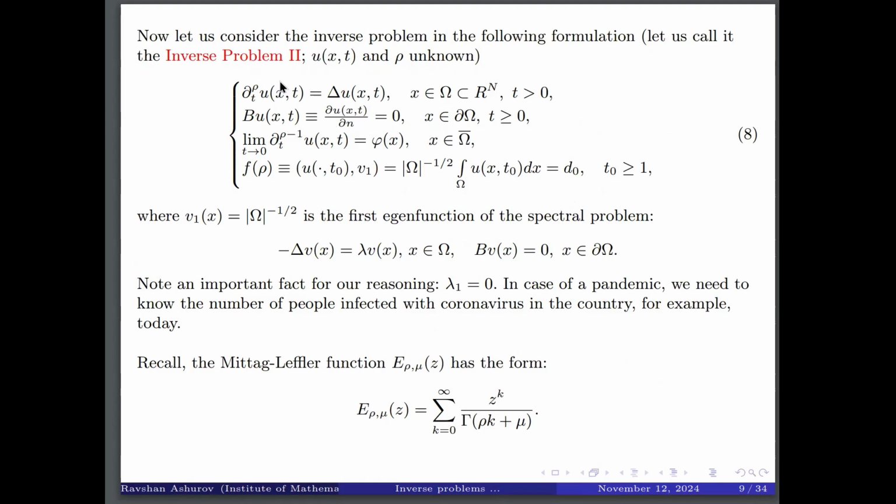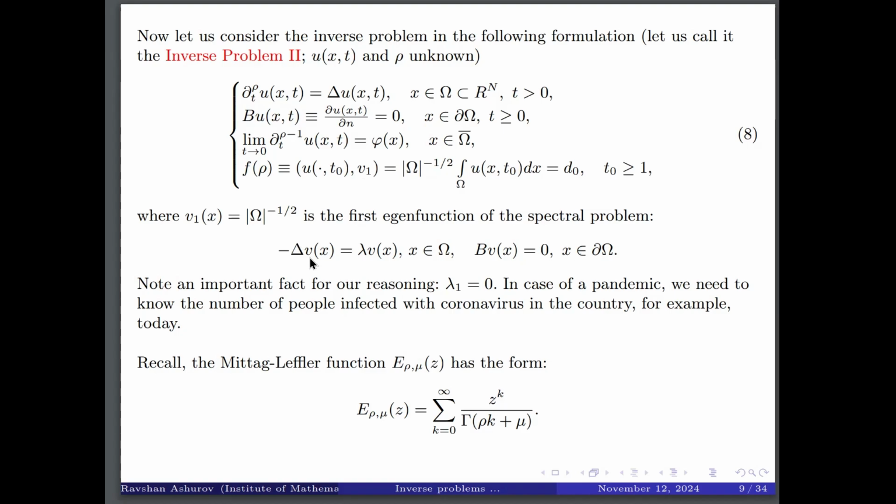Again, the first 3 lines are the forward problem, and the last one is the overdetermination condition. Here we take the solution of this problem, put in t0, a fixed time, and get this scalar product with V1. What is V1? V1 is the first eigenfunction of the following spectral problem.